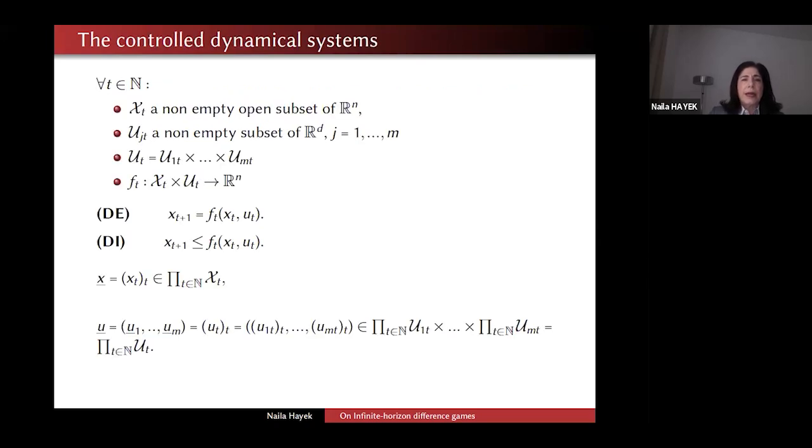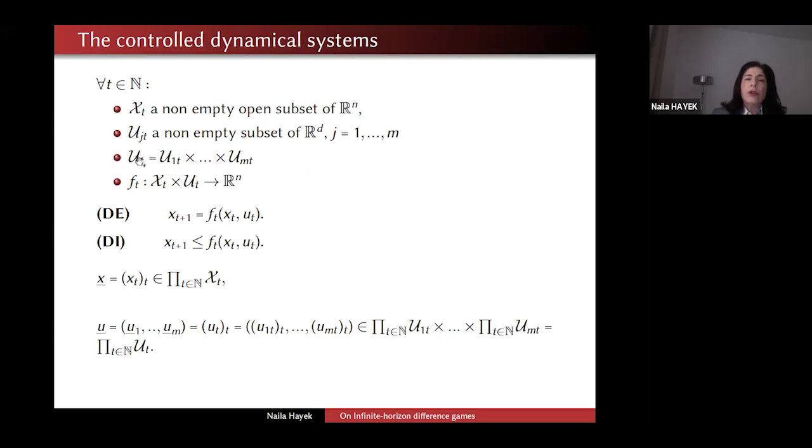So let us start to explain a little what is in this game, the control dynamical system. I am working in a subset X_t, which is non-empty, open, of R^n. U_jt for every j is a non-empty subset of R^d.